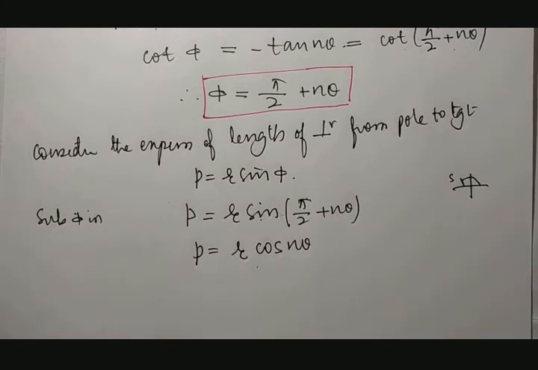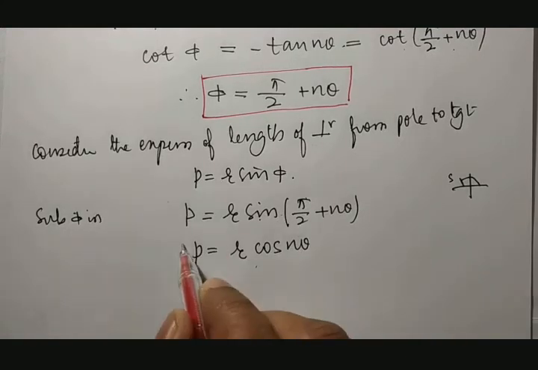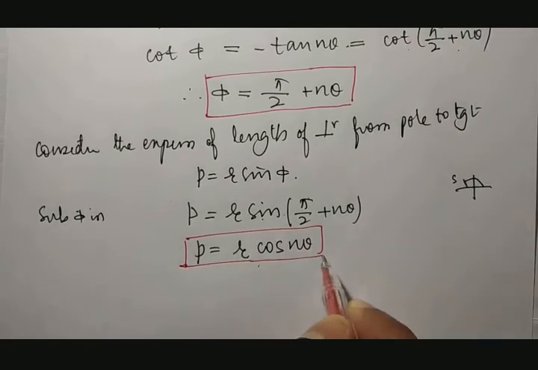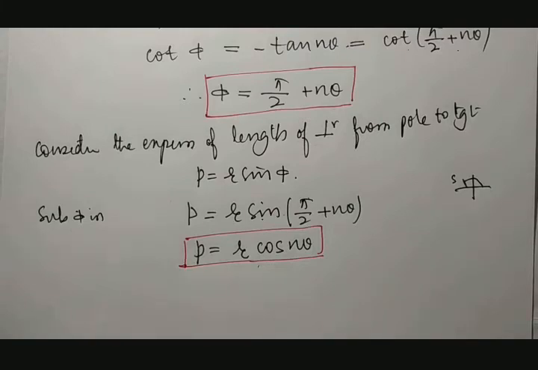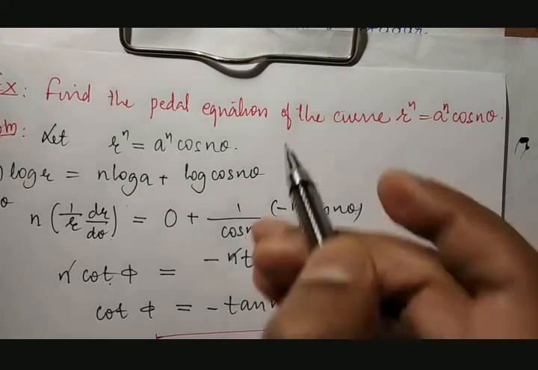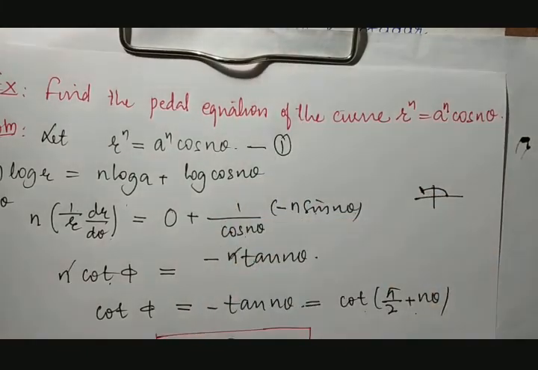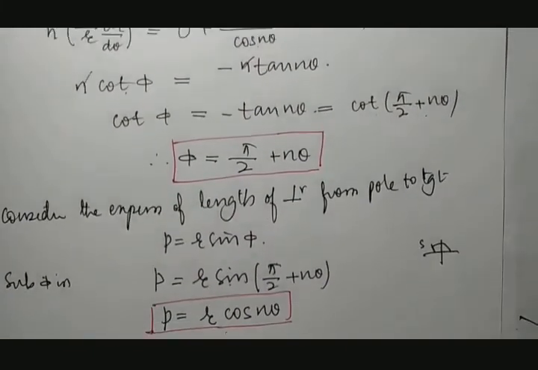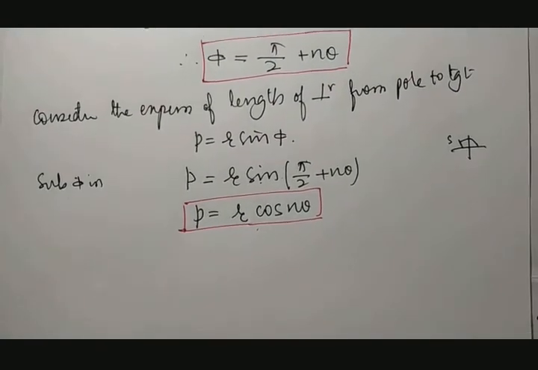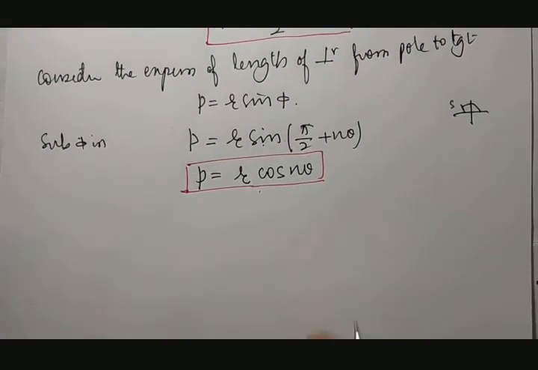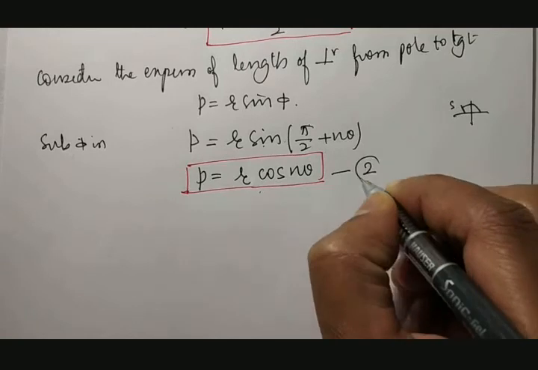So we obtained this result: p = r cos nθ. Now we can see there are two equations. All the time while giving a number, I take the given curve as equation number 1, and this expression will be taken as equation number 2.